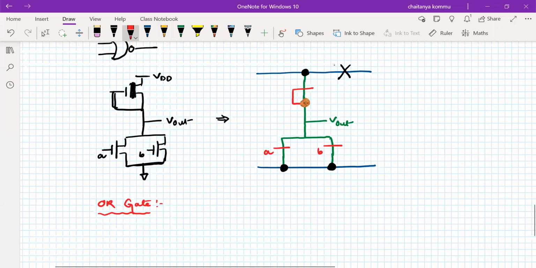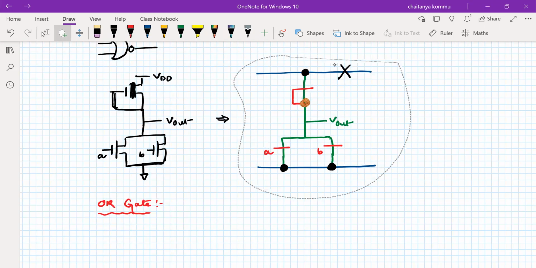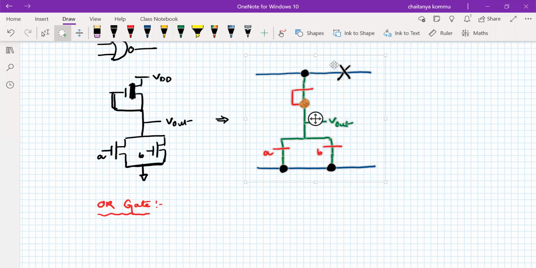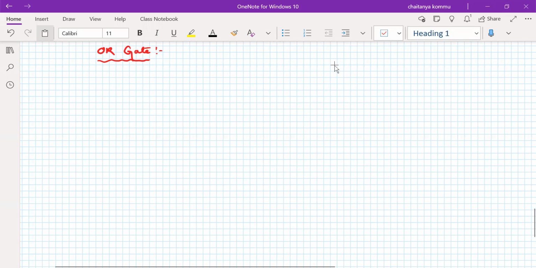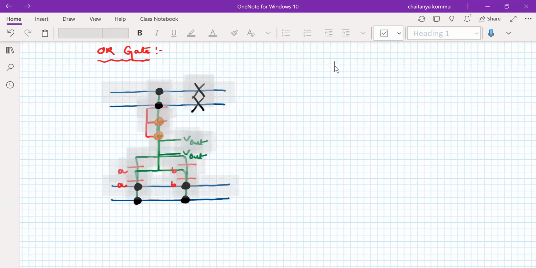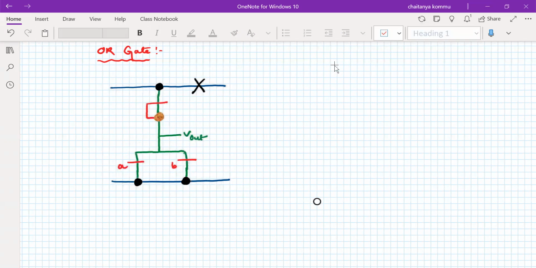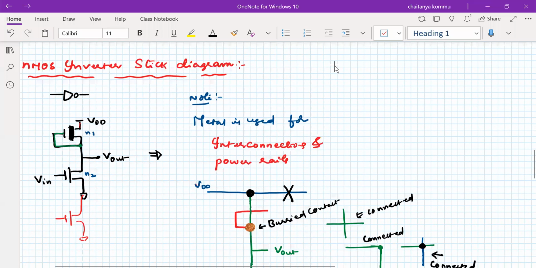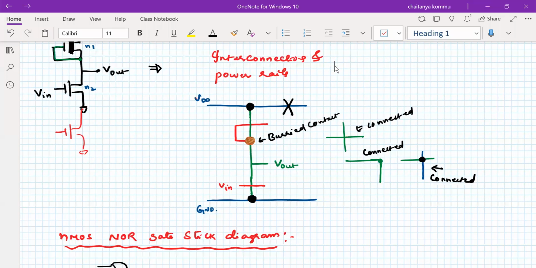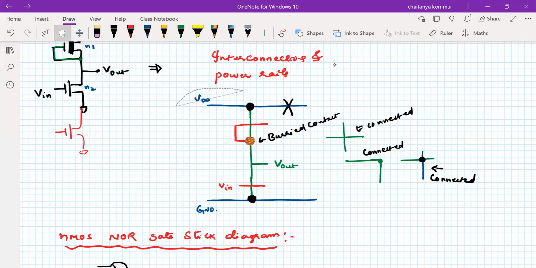Okay, so therefore I'm going to take this one. So copy, I can paste it here. Okay, this is a NOR. So what I have to do is connect the inverter at the end. So I have to take the NOT gate stick diagram. So this is the NOT gate stick diagram.